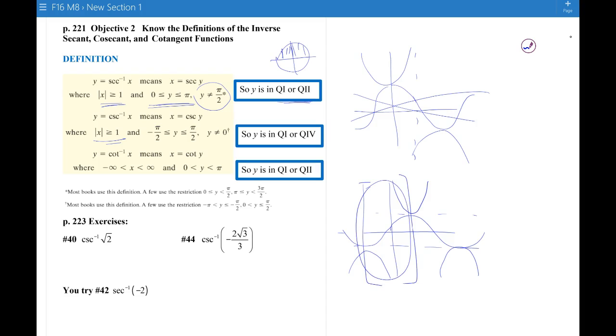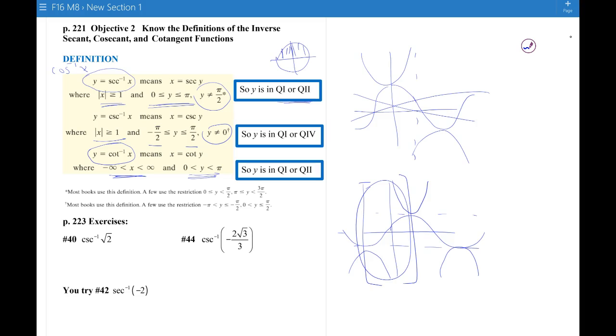So we need this part right here between negative pi over 2 and pi over 2. But remember we have to punch out y equals 0. And then for cotangent, the x value can be any real number, but the y values you get out will be between 0 and pi. So notice that secant inverse and cotangent inverse, those are all similar to cosine inverse with the domain restrictions.